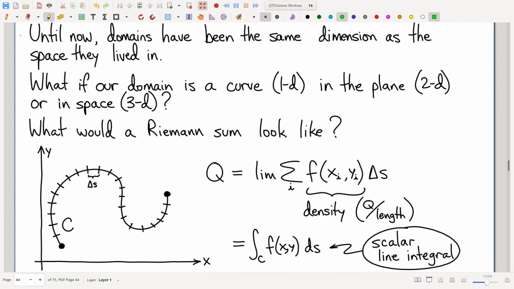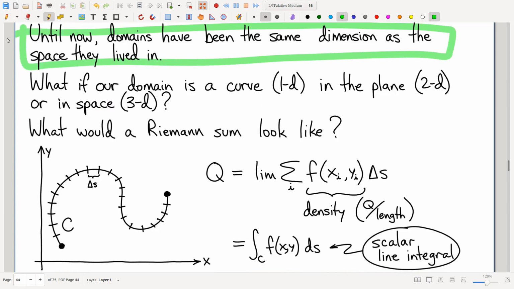I'm just going to make an observation here to start. So far, for every domain for every kind of integral we have seen to date, the dimension of the domain is the same as the dimension of the world that it lives in.